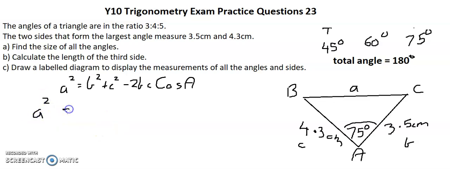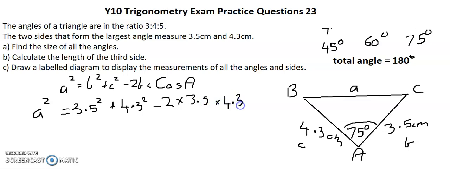So I don't know what my a is, but I do know my b is 3.5 squared. I do know my c is 4.3 squared. Take away 2 times b, which is 3.5, times 4.3 for c, cosine 75 degrees.